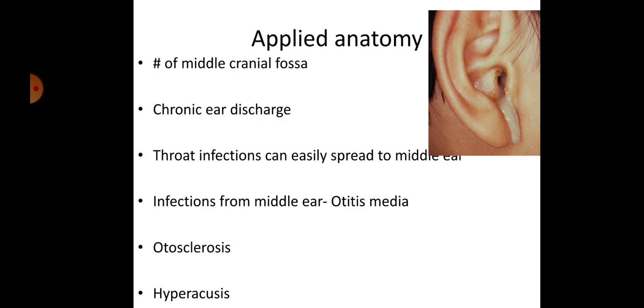In that condition, the patient is not able to hear. That's called otosclerosis. It is an age-related disease. As age advances, from 40, 50, 60, 70, 80 onwards, the grandfather or grandmother are not hearing. When you speak loudly near their ear, then they can hear. That may be the condition called otosclerosis.